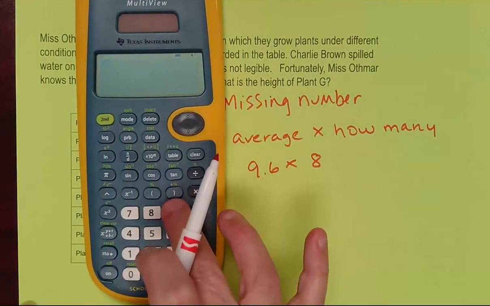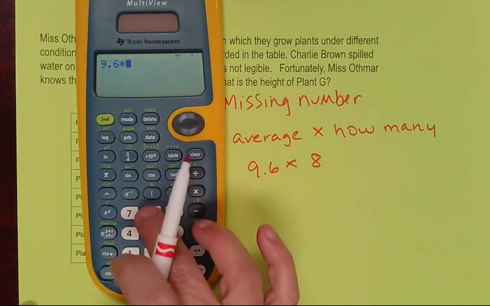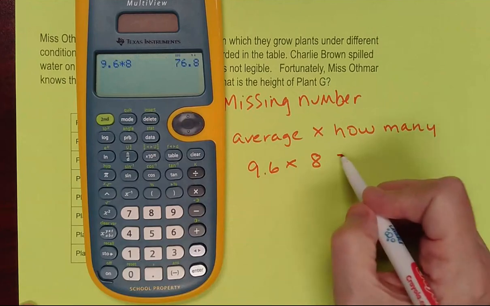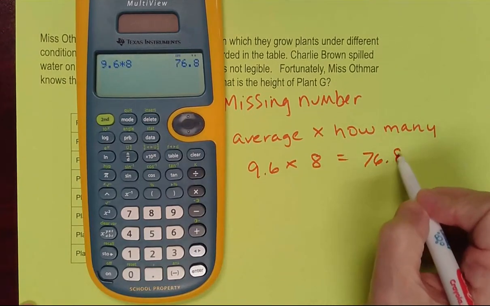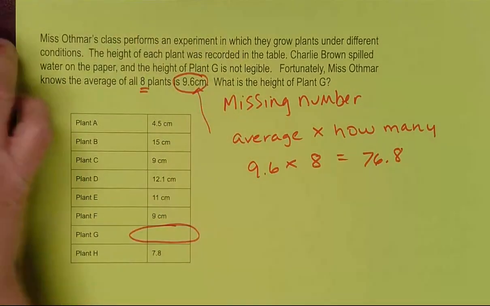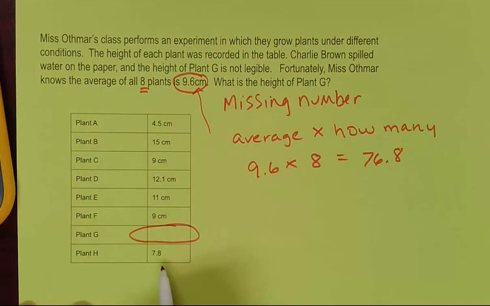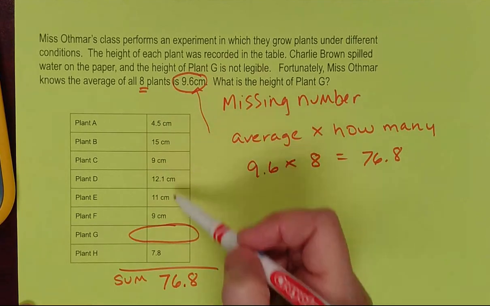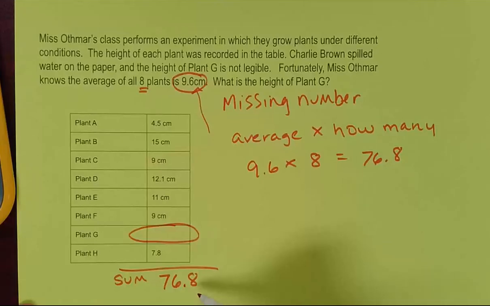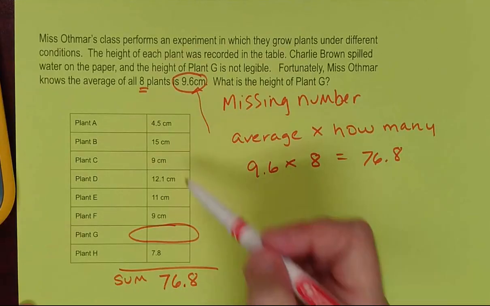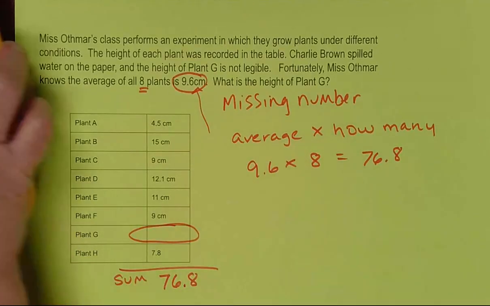So 9.6 for my average times 8 plants gives me 76.8. And what that means is the sum of all of these plants needs to equal 76.8. I know the heights of 7 of them, so we can take this 76.8 and subtract the 7 plants, and that's going to give me my missing piece.